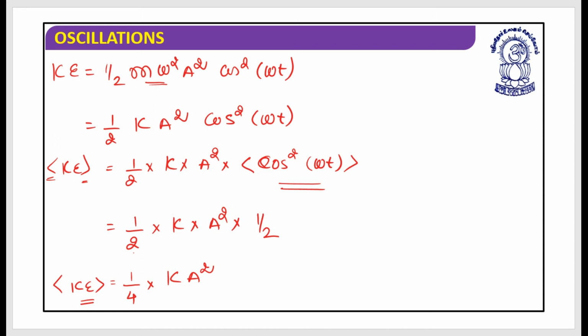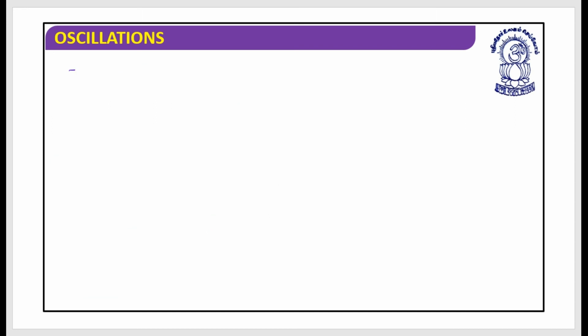I hope this is clear. This is the average value of kinetic energy, which is equal to 1/4 k a square. So when I want the total average energy, that is equal to the average potential energy plus the average kinetic energy.